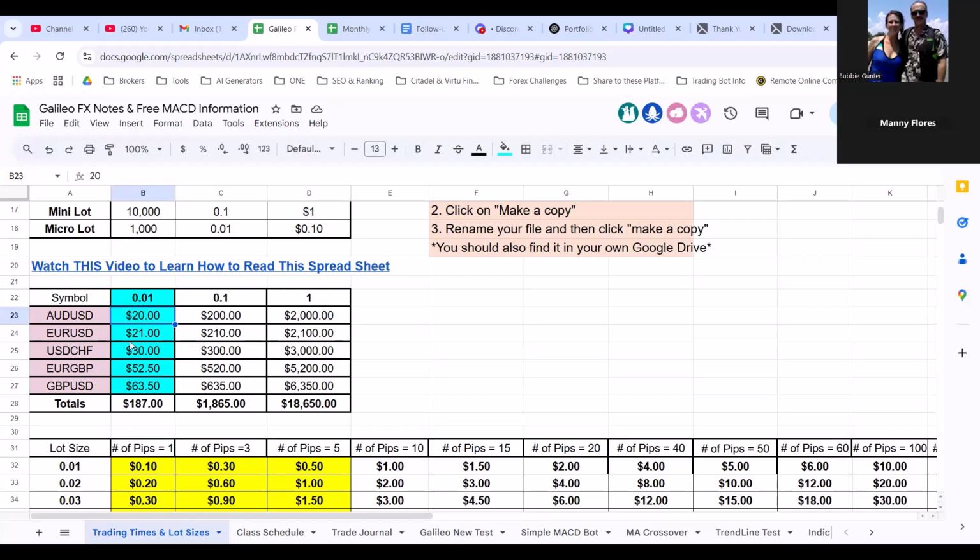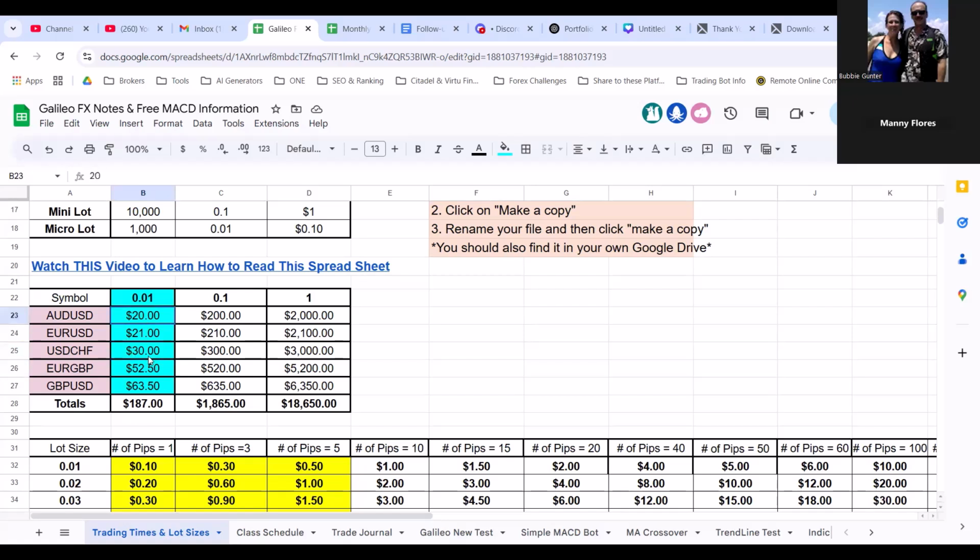Now, when the Euro USD triggers and it buys, well, now your $41 is out of your balance, out of your total, and you have $459 free margin.